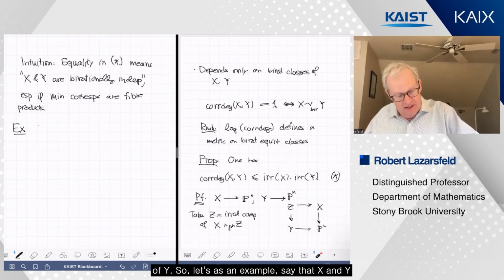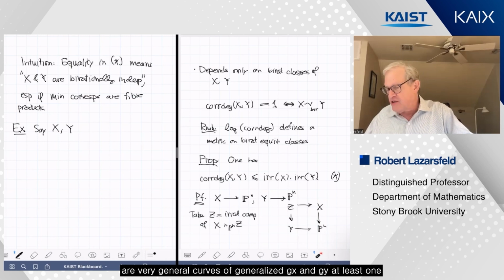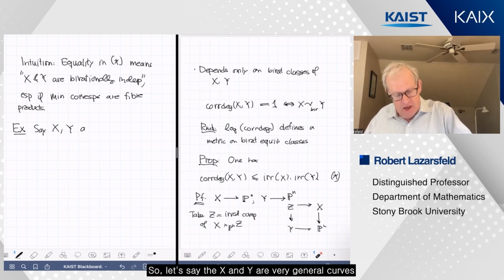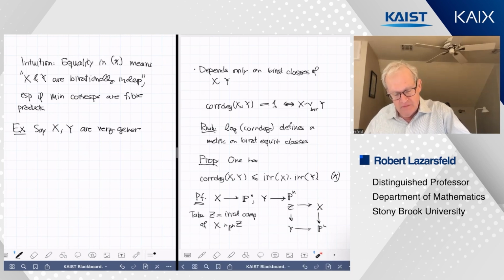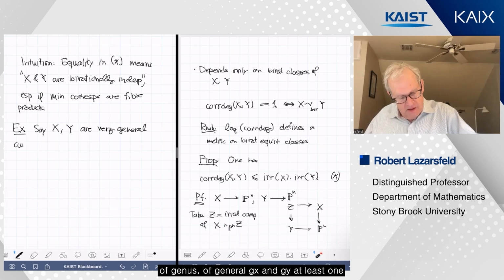As an example, say that X and Y are very general curves of genera g_X and g_Y at least one.